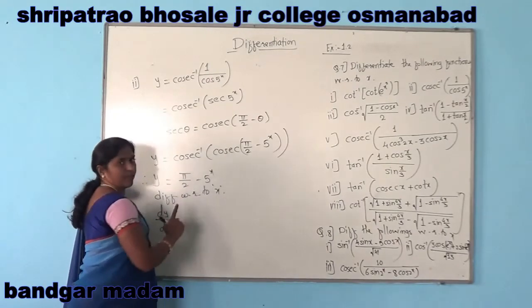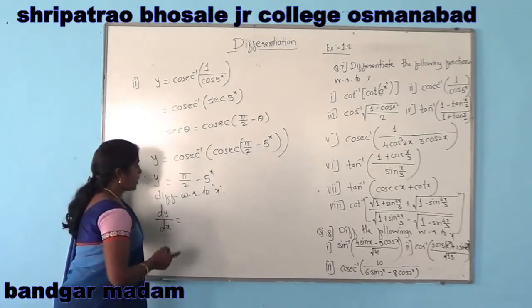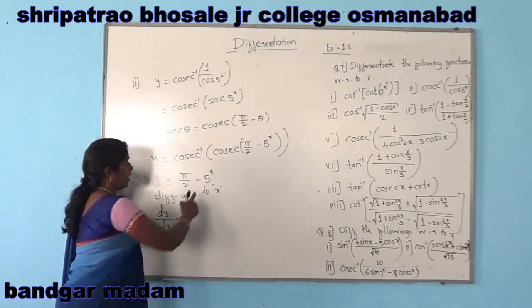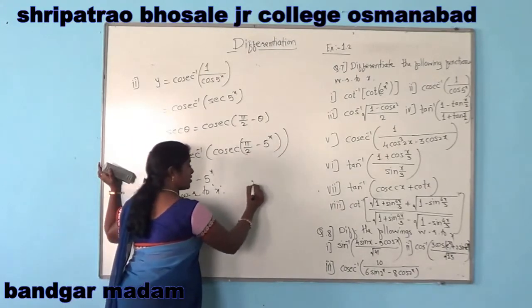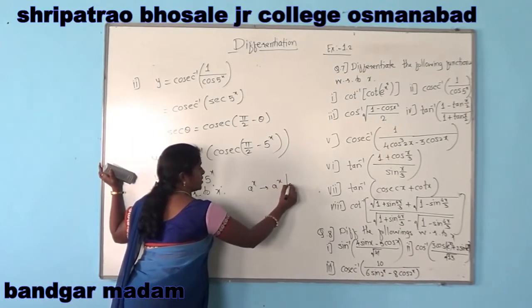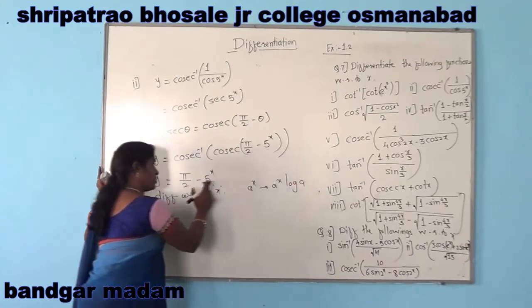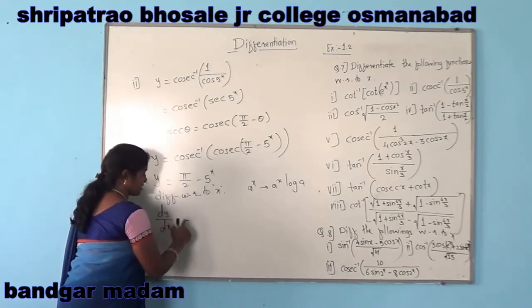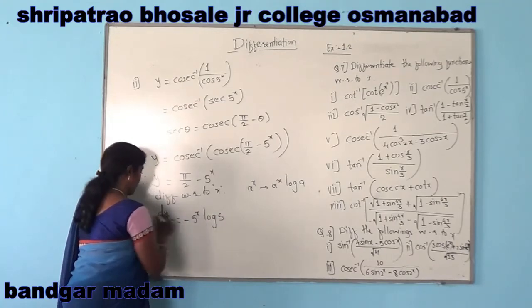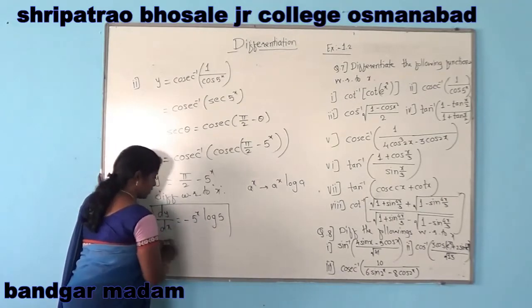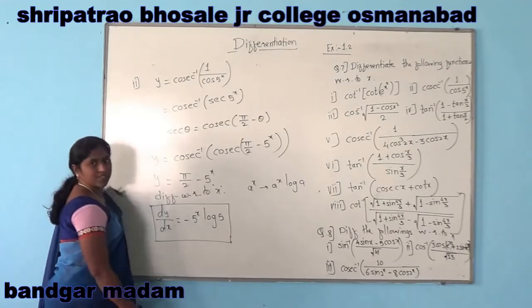And for the derivative of 5 raised to x, applying the a raised to x formula, the derivative of a raised to x is a raised to x into log a. So using this formula, we get minus 5 raised to x into log 5, which is our required answer for the second question.